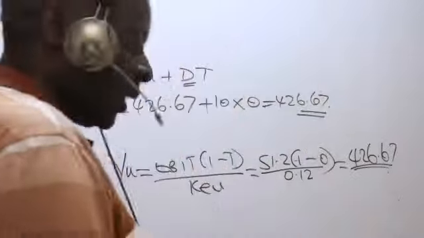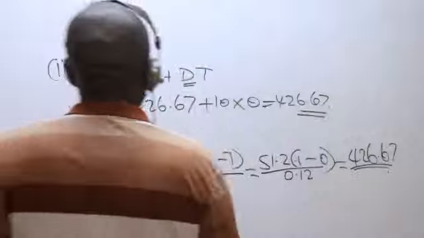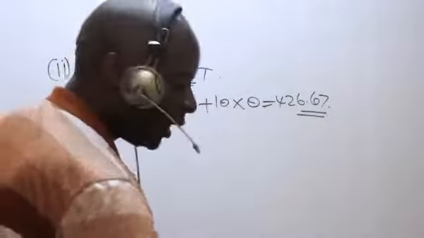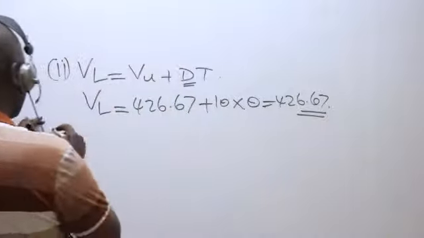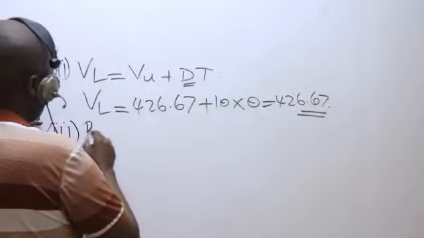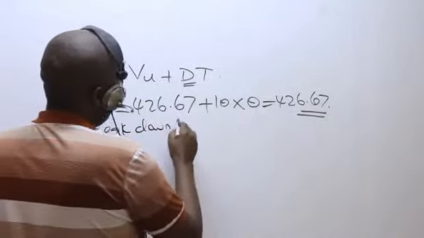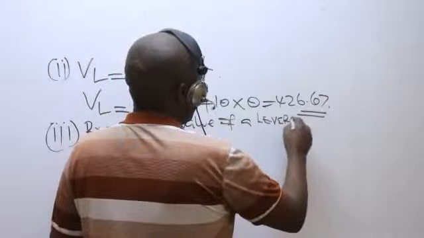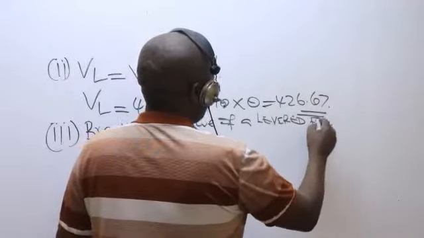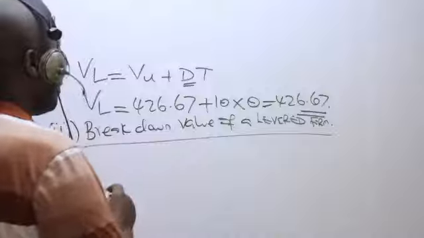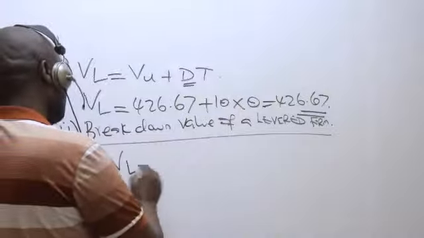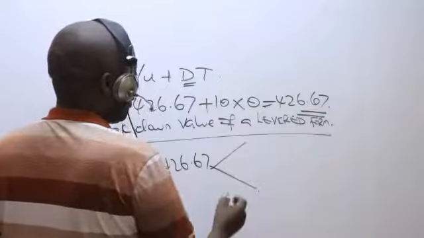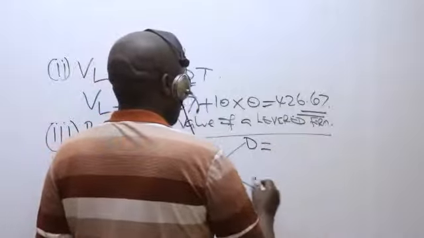I love WACC a lot because I know that the very first thing when they want me to give them WACC is to break down the value of a levered firm. So you write value of a levered firm equals 426.67. You break it down. You say debt equals this and equity equals this.